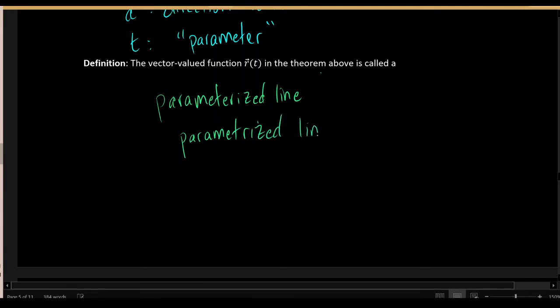Parameterized or parametrized. I think one is more American and one is more British UK type English. So called parameterized line because it's given by the output of a function having an input variable known as the parameter.